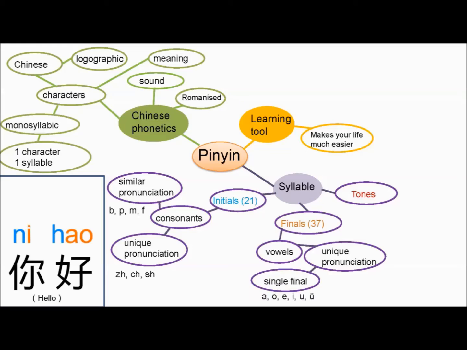We have 6 single finals, which means each of them consists of one alphabet, and 31 compound finals that form by either 2 or 3 alphabets. In the example at the bottom left, i of ni is a single final, and ao of hao is a compound final.